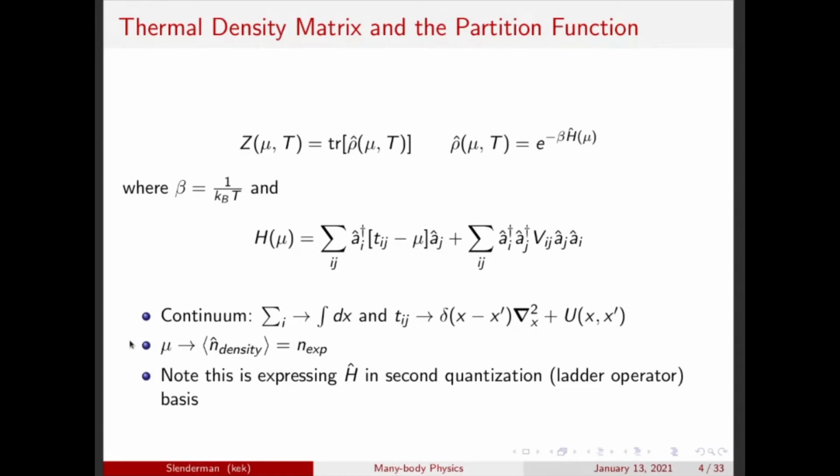Okay, so the chemical potential, you can vary this parameter mu to vary the electron density or particle density in your system. And typically we choose the chemical potential to reproduce the experimental average electron density we see in a solid.